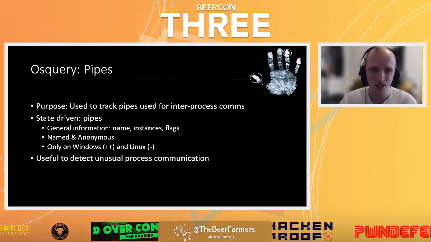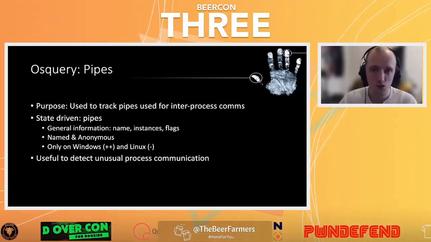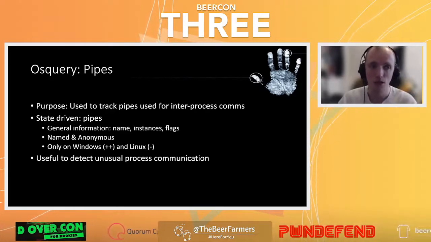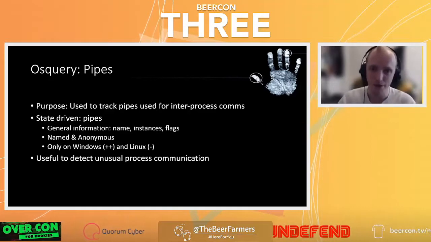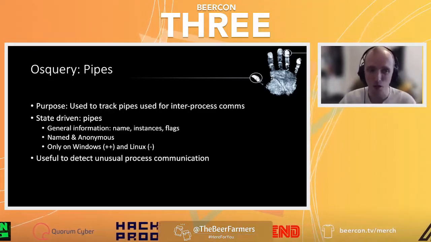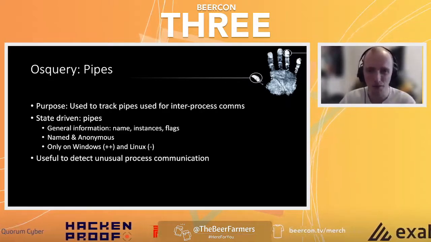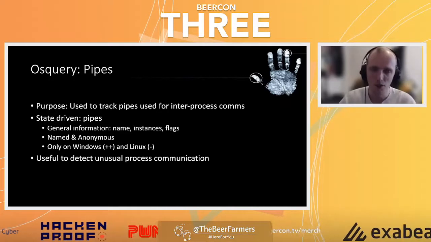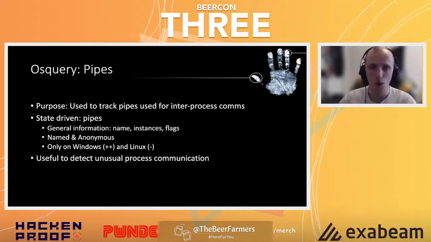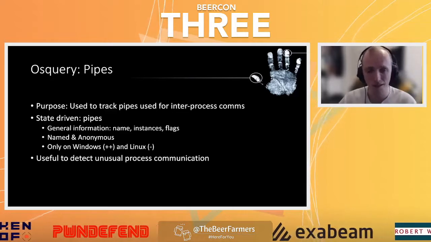It just gives you general information like name and instance flags, and it can show you named and anonymous pipes. Now it's mostly supported on Windows because pipes are heavily used in Windows. It shows some information on Linux, but not as much, because on Linux pipes work a little bit differently. This is useful to detect unusual process communication, but we'll go a little bit deeper into that later on down the line.